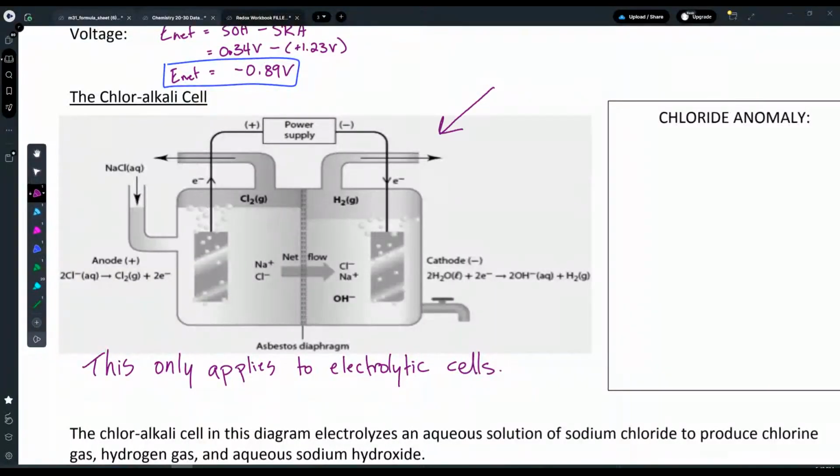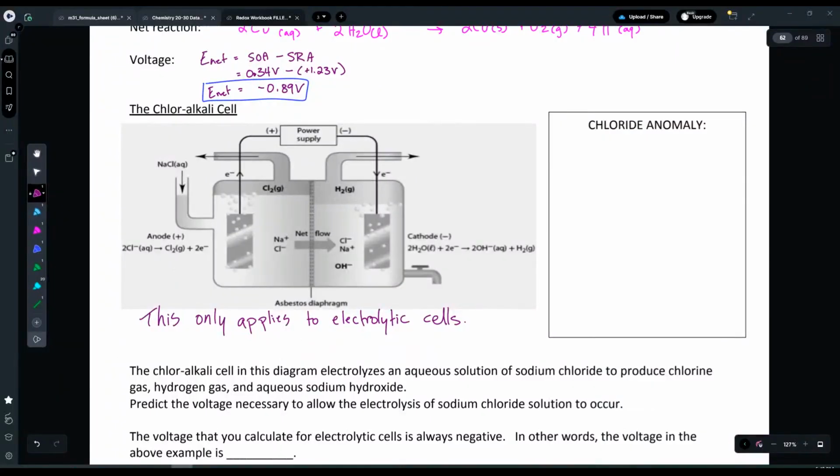So right here we have something called the chloralkali cell. Now what it does is it electrolyzes an aqueous solution of sodium chloride in order to produce chlorine gas, hydrogen gas, and aqueous sodium hydroxide.